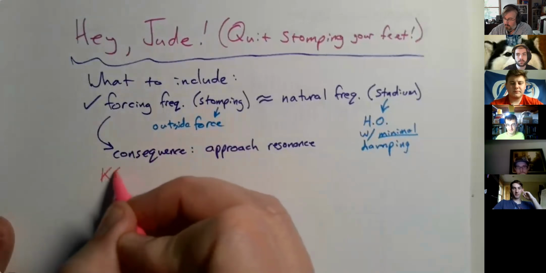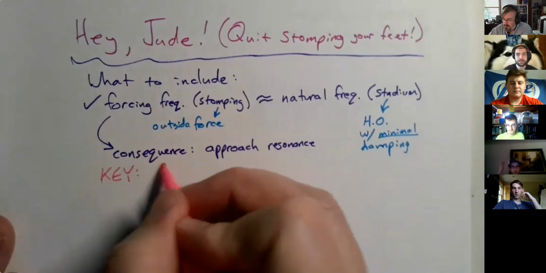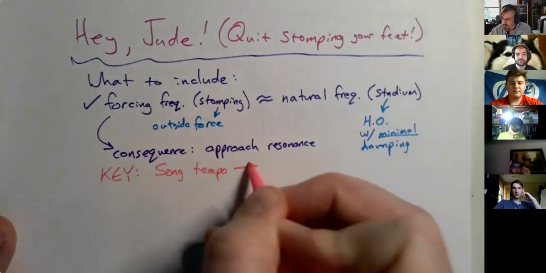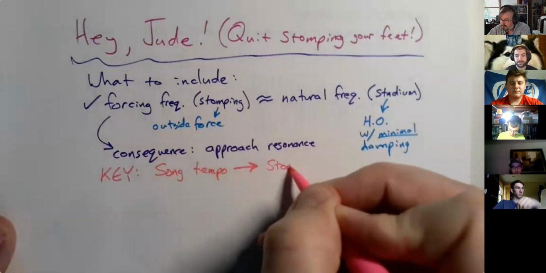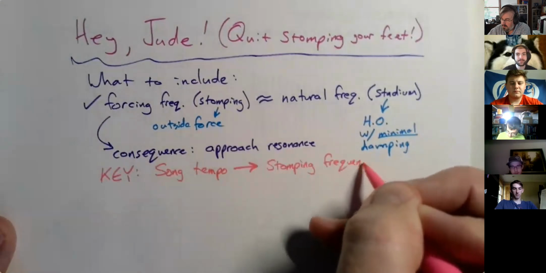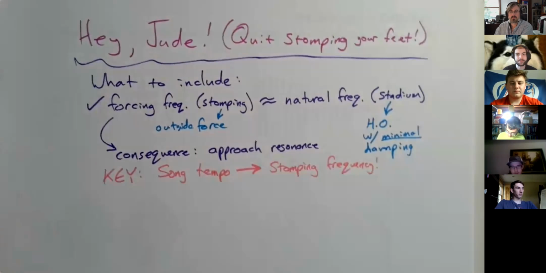So the key point for us to remember is the song tempo leads to the stomping frequency. So why Hey Jude? I don't know. Maybe there's something special about Hey Jude. Is anybody thinking what I'm thinking right now?